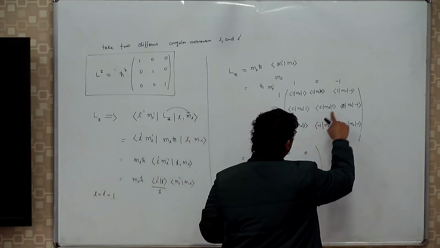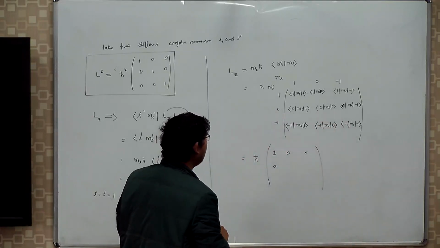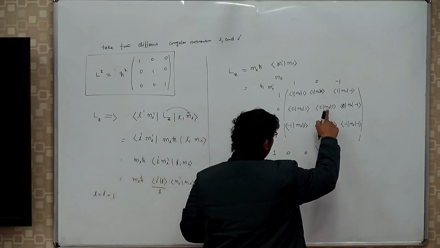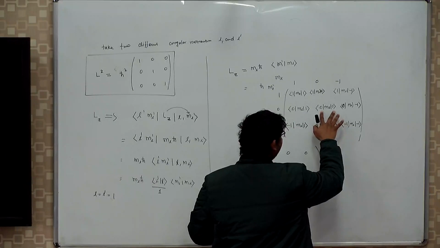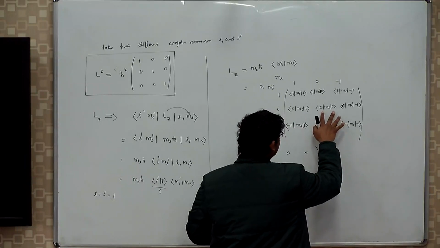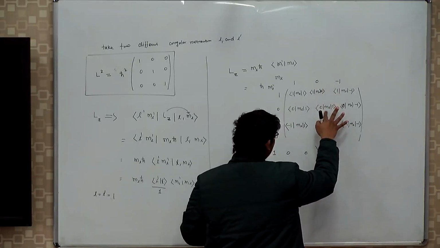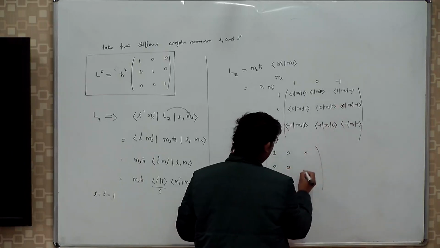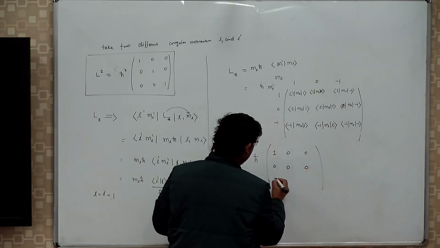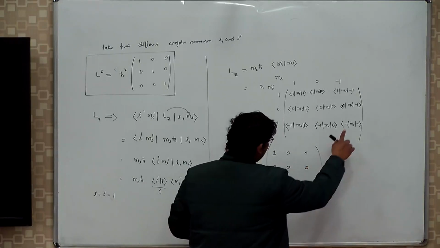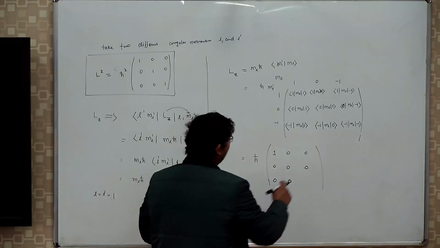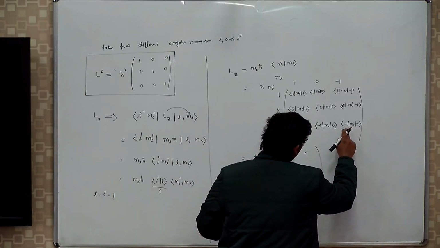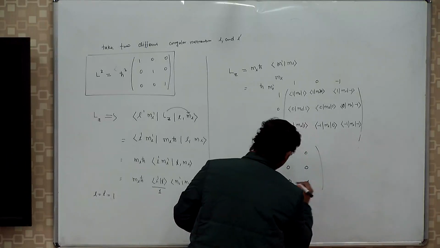In this particular entry, m_l is 0 and the inner product between the same state gives 1, but multiplied by m_l equal to 0, this entry will again be 0, and this one is also 0. But when you come here, the m_l value is minus 1 and the inner product between similar states gives 1, so we get minus 1.